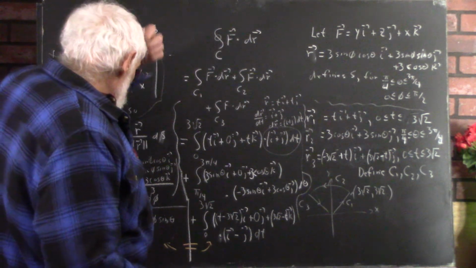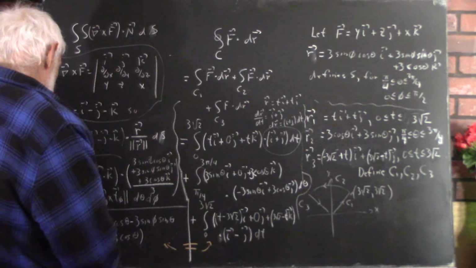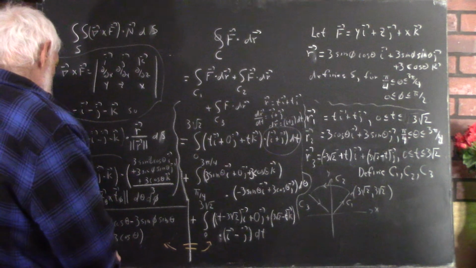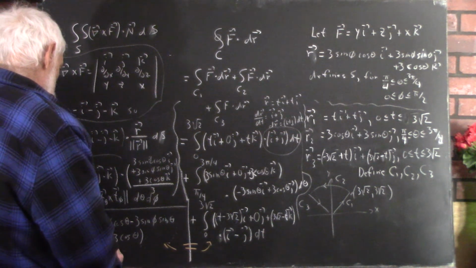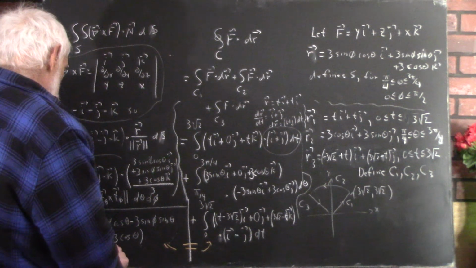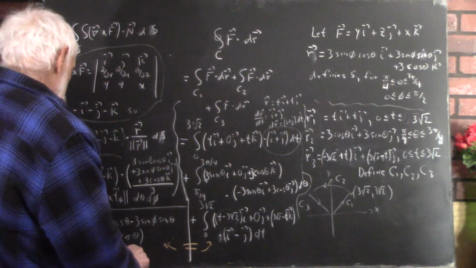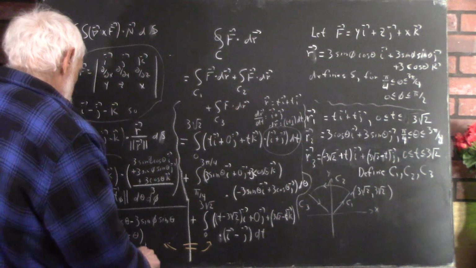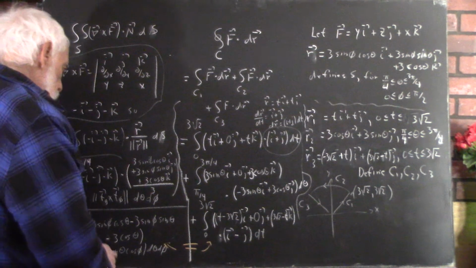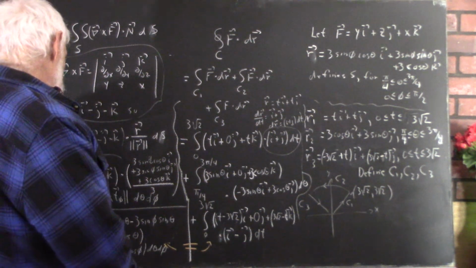When you do that magnitude of that cross product, you're going to have a 3 sine θ cosine θ dθ dφ.